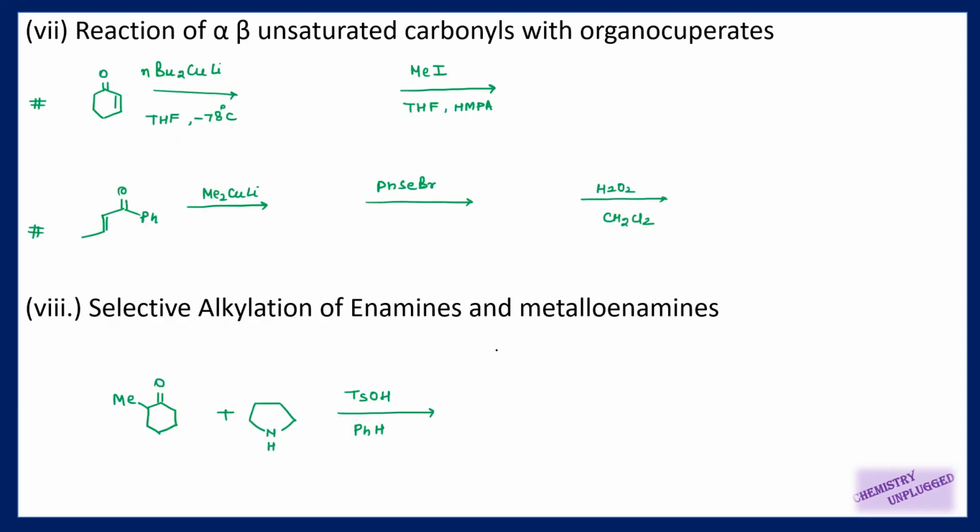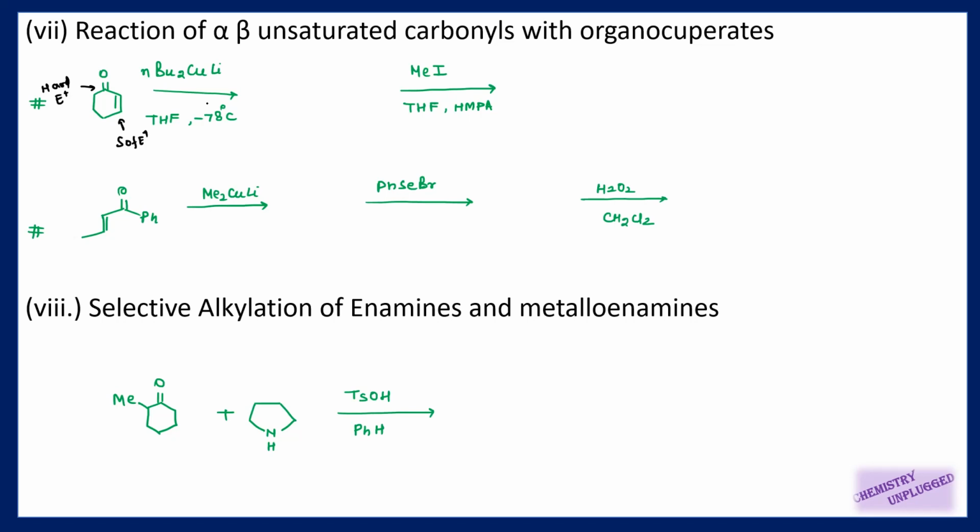The next and seventh way to do a specific alkylation is the reaction of alpha beta unsaturated carbonyl with an organocuprate. And we know that organocuprates are soft nucleophiles in nature. Soft nucleophile means, when you have an alpha beta unsaturated carbonyl, this carbon is your hard electrophile and this one your soft electrophile.